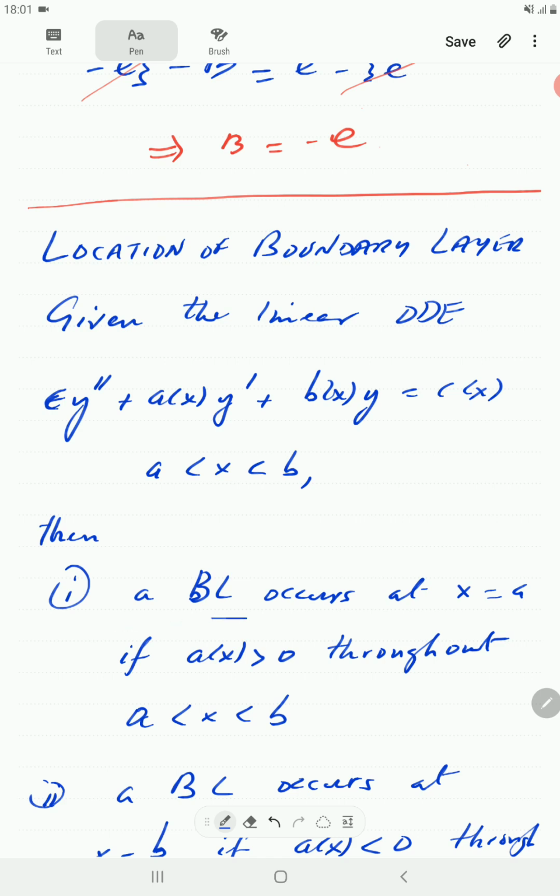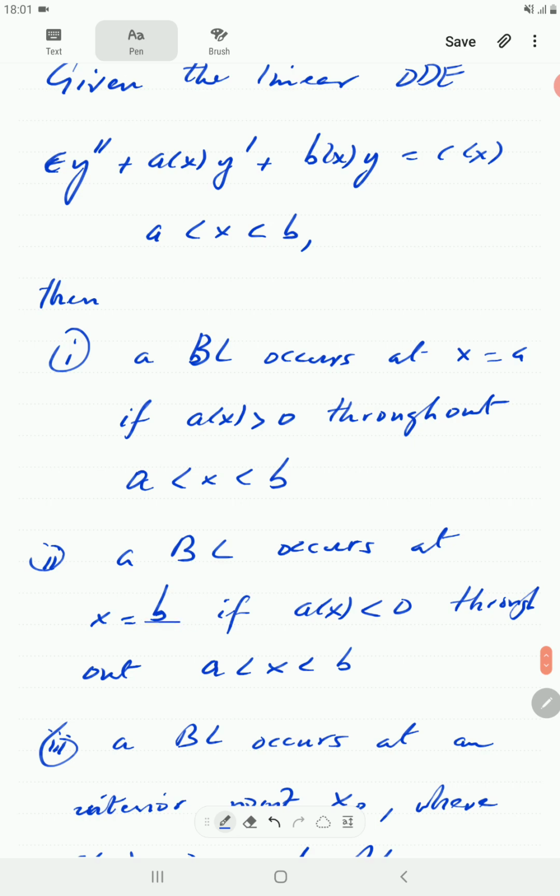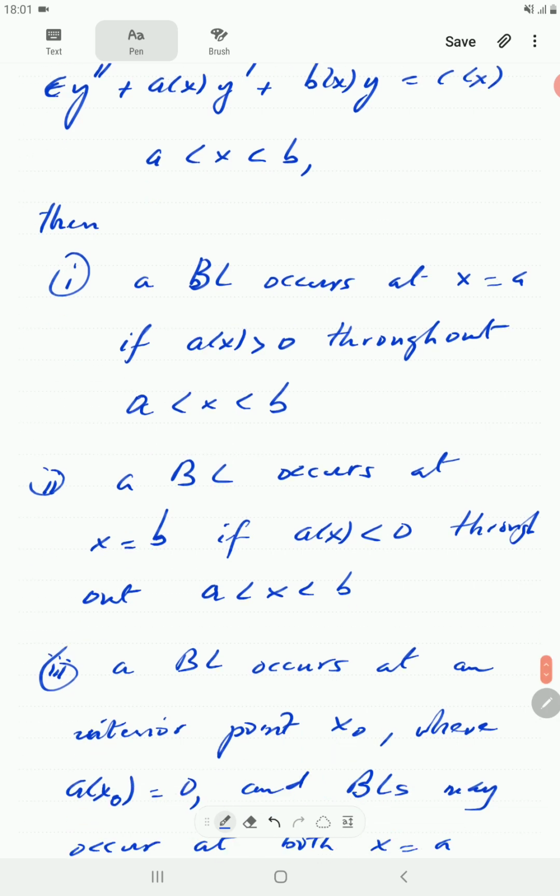then a boundary layer occurs on the left hand side if the coefficient of y prime is always positive. The boundary layer occurs on the right hand side if the coefficient of y prime is negative throughout this region.